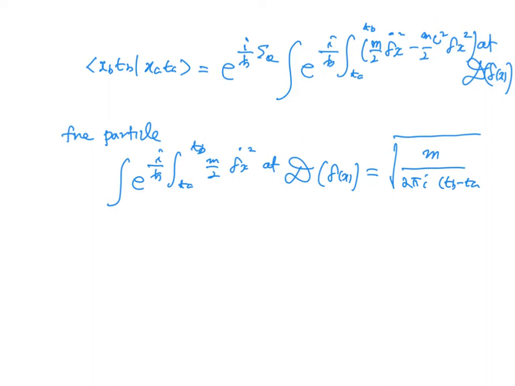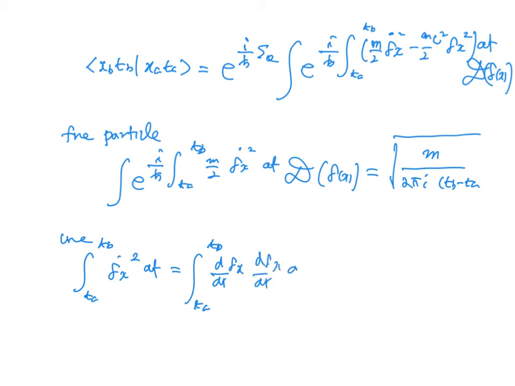And so what will be the modification for the path integral? Let's make some transformation. The integral from ta to tb of delta x dot square dt is actually the integral of d delta x dt times d delta x dt.